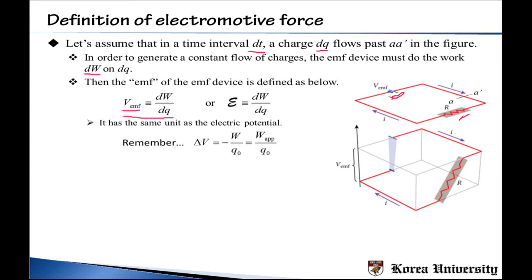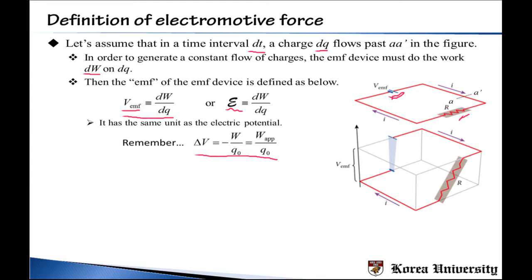And how is it the same as electric potential? Try to remember in chapter 24, how we defined the electric potential difference. This is the equation we had, and it actually looked the same, right? So EMF is a kind of electric potential, and in some textbooks it will use a symbol like this calligraphy style E symbol, but the symbol actually doesn't matter. You can go either way.